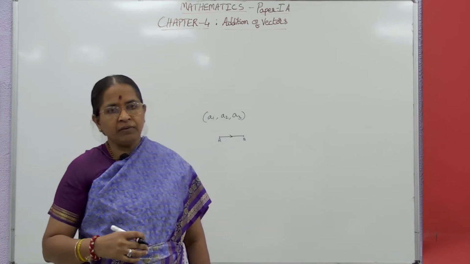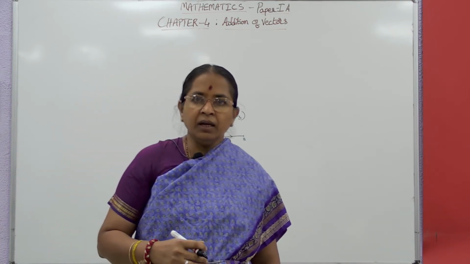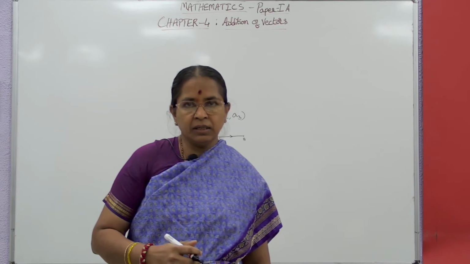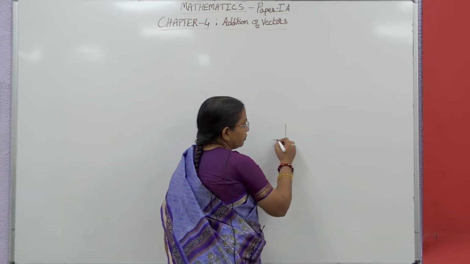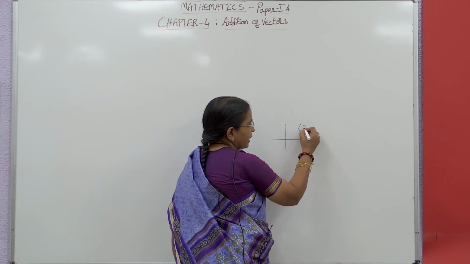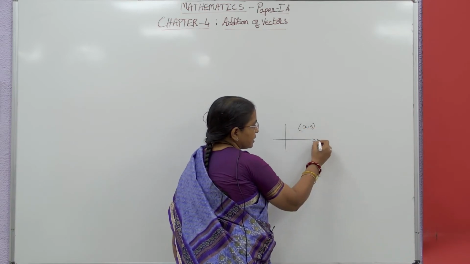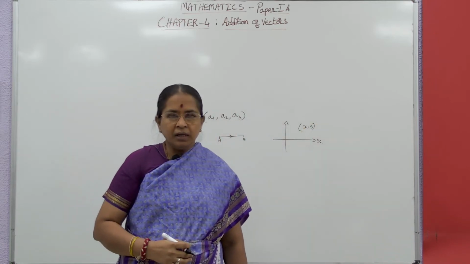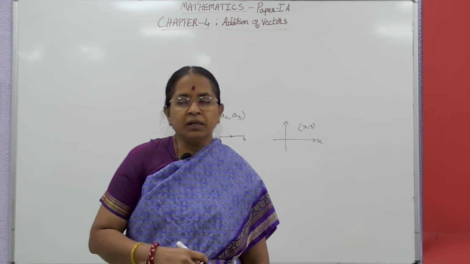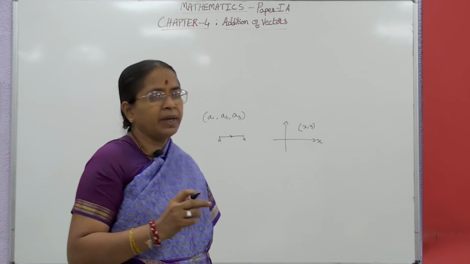You have learned about ordered pair. In coordinate geometry, you represent any point by an ordered pair x, y like this. If this is x-axis, y-axis, any point in the two-dimensional coordinate plane is given by an ordered pair x, y.